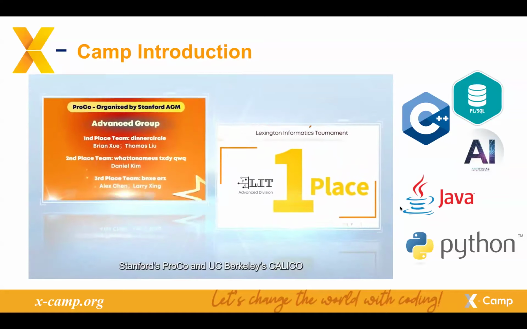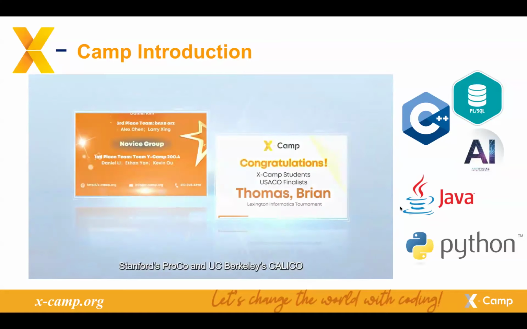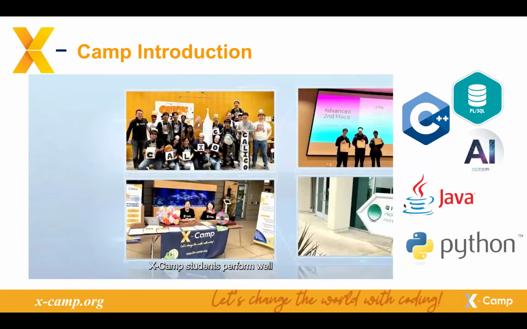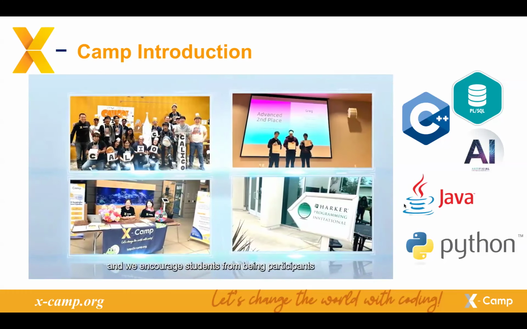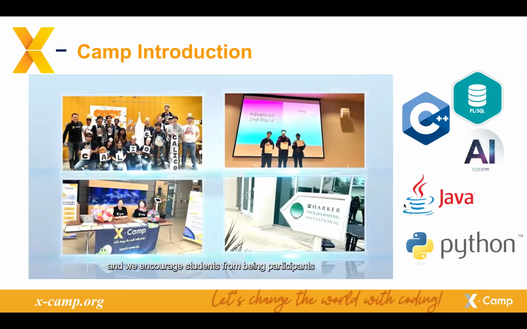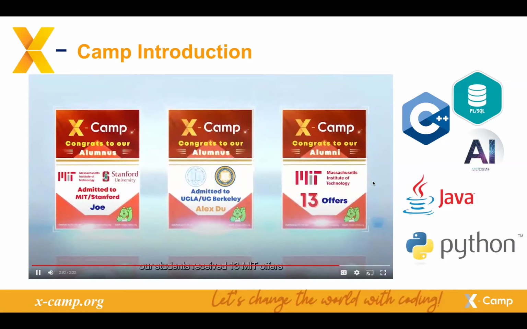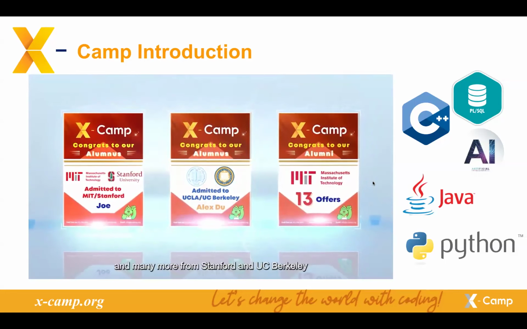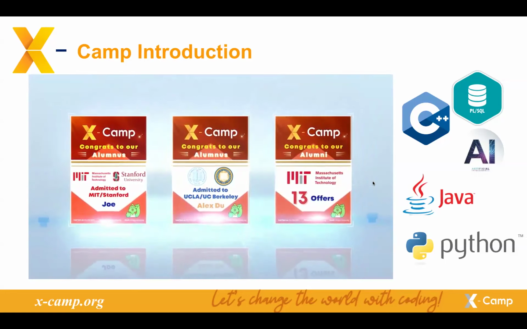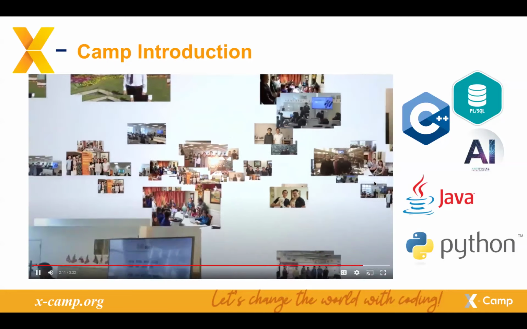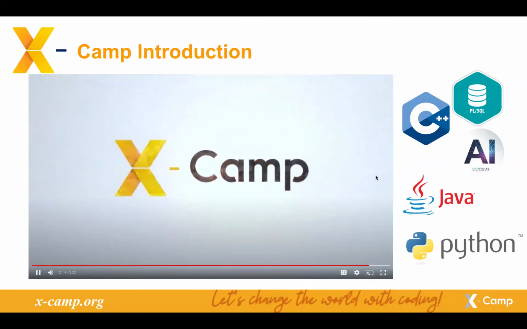In renowned high school contests, Stanford's Procol and UC Berkeley's Calico, and other prestigious US programming competitions, such as the Harvard Programming Invitational, Teams Code, and Lexington Informatics Tournament, XCamp students perform well, and we encourage students from being participants to problem writers and organizers. Our students received 13 MIT offers and many more from Stanford and UC Berkeley, thrilling us all. Here at XCamp, we believe that children have unlimited potential and can change the world through coding.